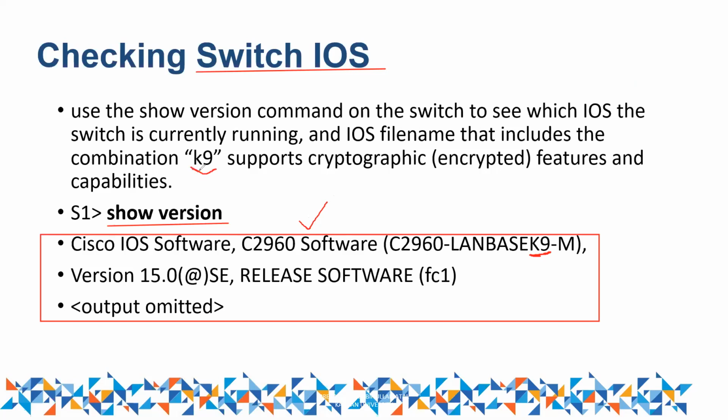So these letters indicate that your iOS is compatible with SSH, okay? And you don't need to worry about this because all the new Cisco switches and operating systems support SSH by default. But you have to run this command when you have a very old switch, because an old switch runs old iOS, okay? And then there you have to make sure of this.